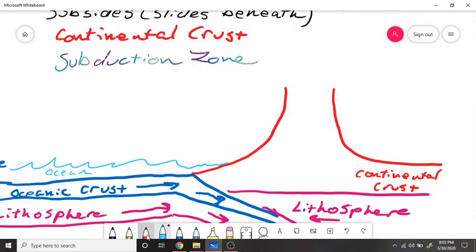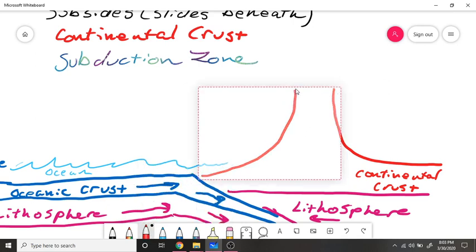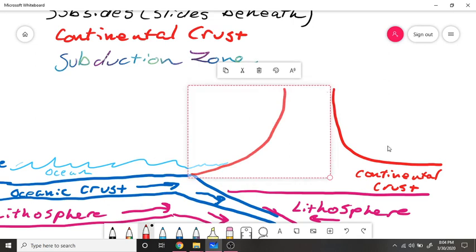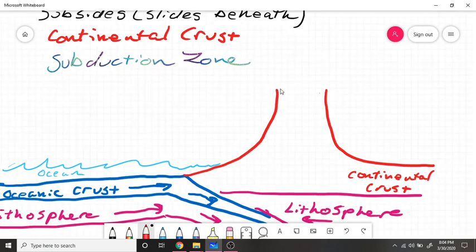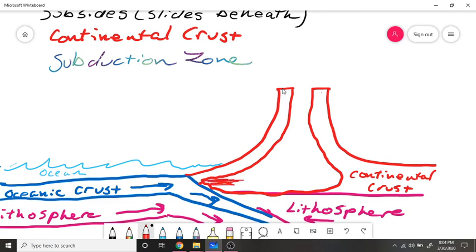I'm sure you can guess what this was. And if you guessed that it was a volcano, you would be right. Because what happens is as those rocks from the subduction zone get pushed under, they get heated.